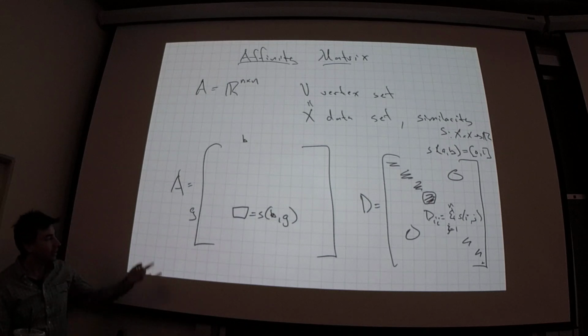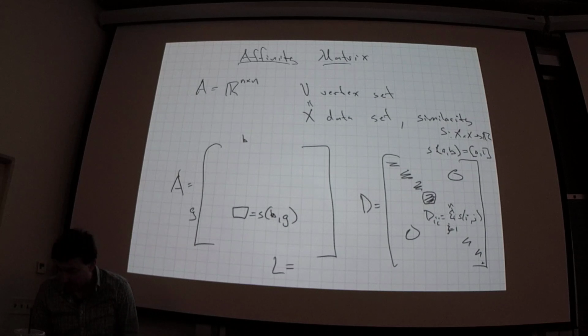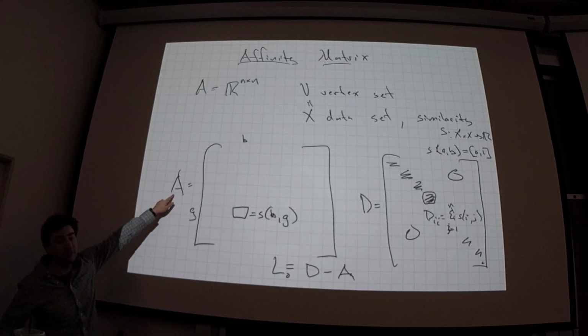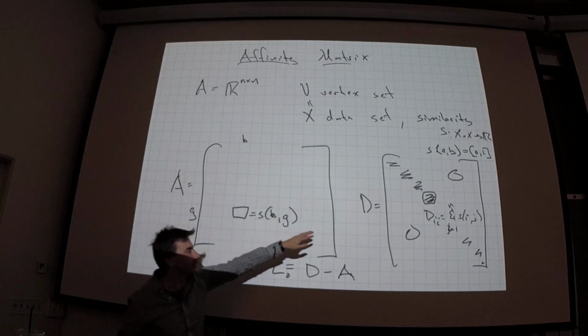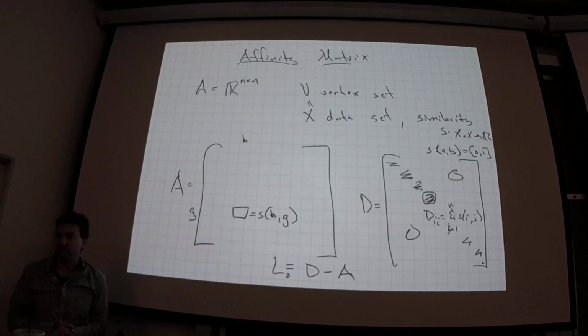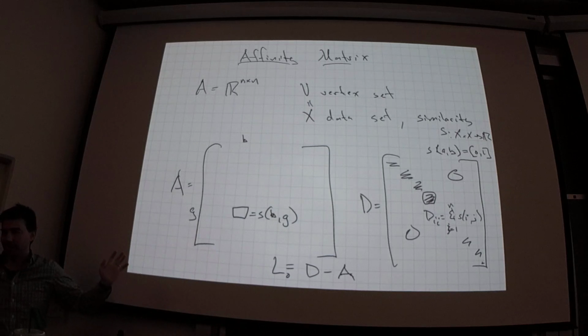I can define this in this way, and then I define the unnormalized Laplacian as D minus A, just using the affinity matrix and this generalization of the degree as replacements, and everything works the same way.